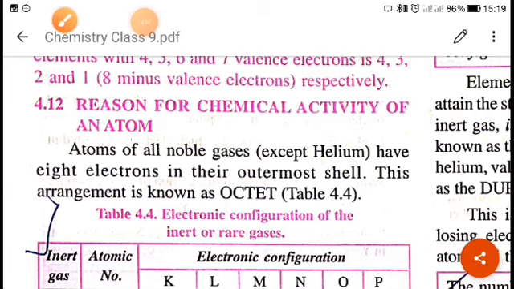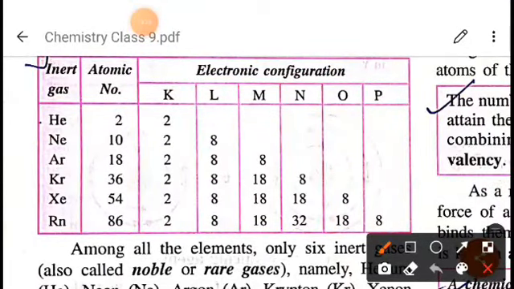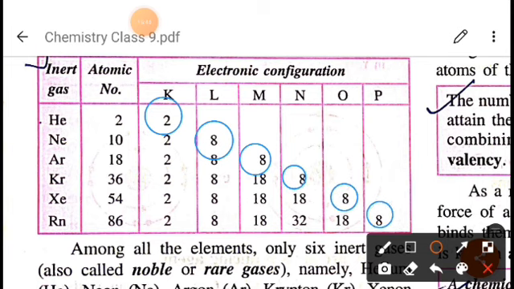Except for helium, atoms of all other noble gases have 8 electrons in their outermost shell, right?